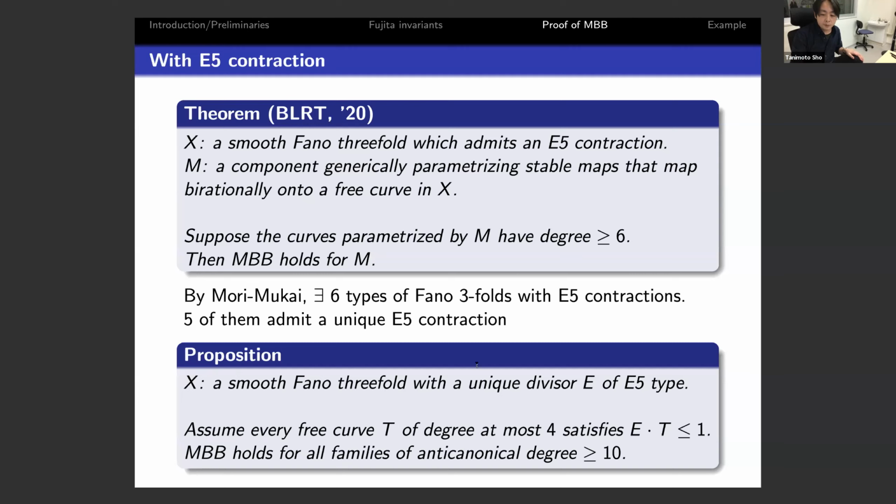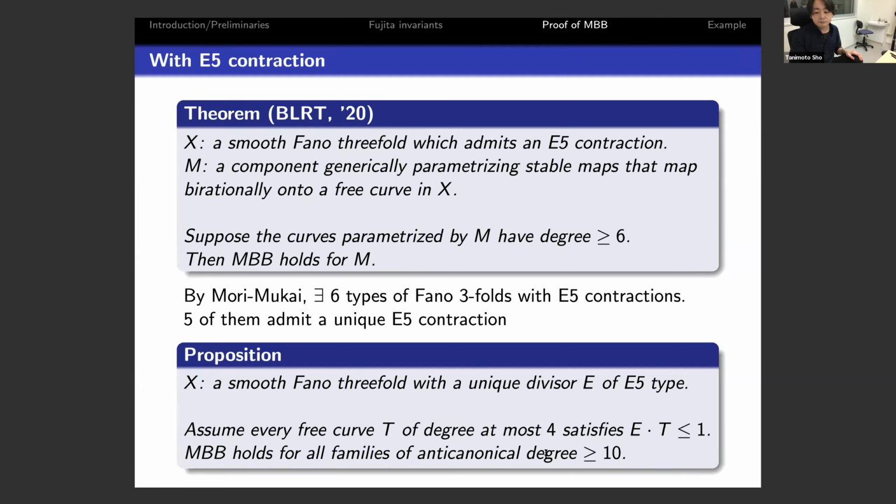Assuming this proposition, for the 5 with E5 contraction, the proof is almost just by checking low degree rational curves. First I need to check this assumption is true for all 5 families. This is true; we check it. And so we prove it for anti-canonical degree greater than or equal to 10.